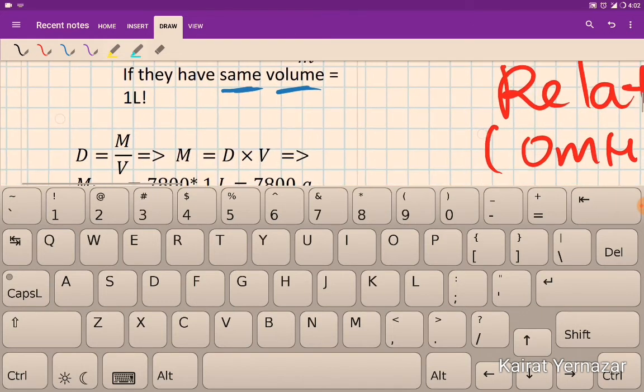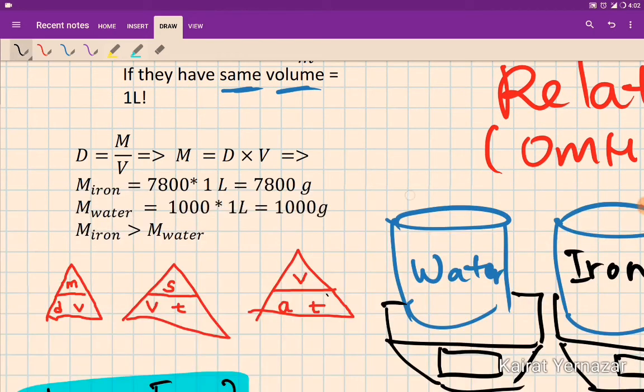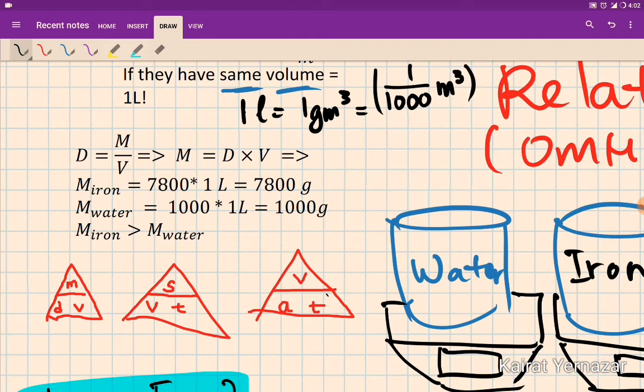I'll explain it right here. 1 liter equals 1 decimeter cube, which means 1,000ths of a meter cube, because a decimeter equals a meter divided by 10.